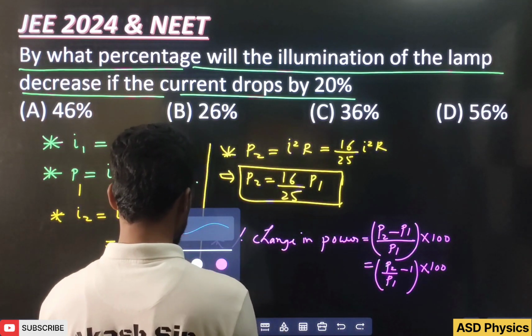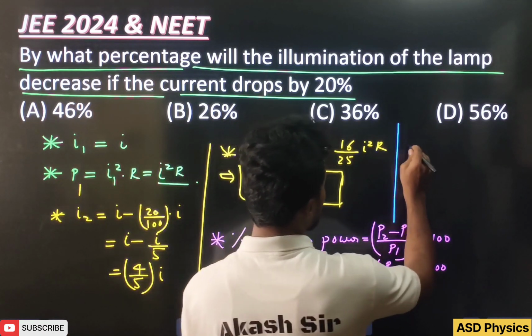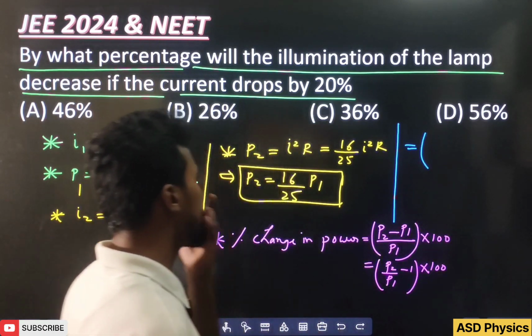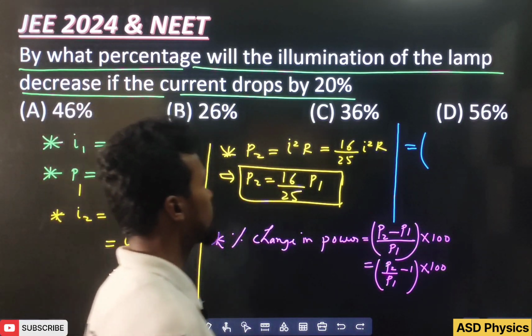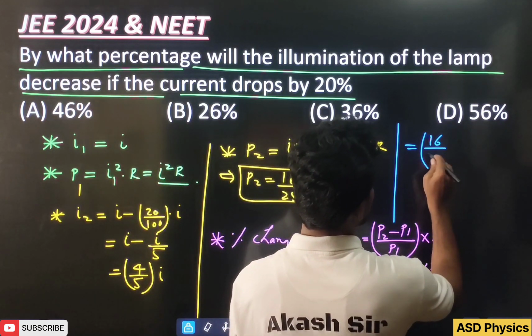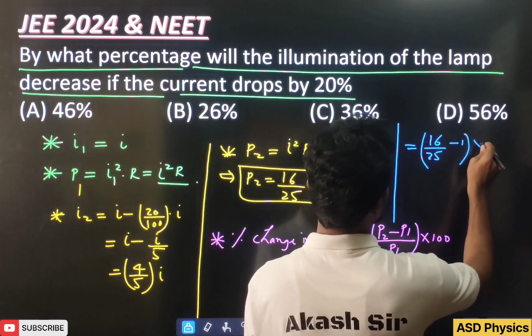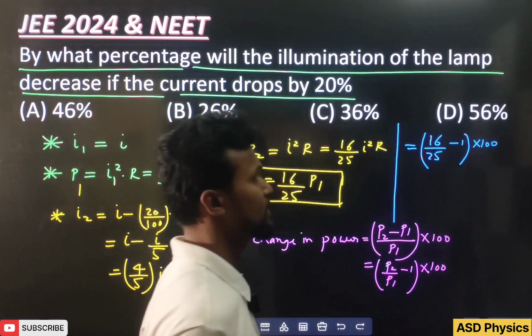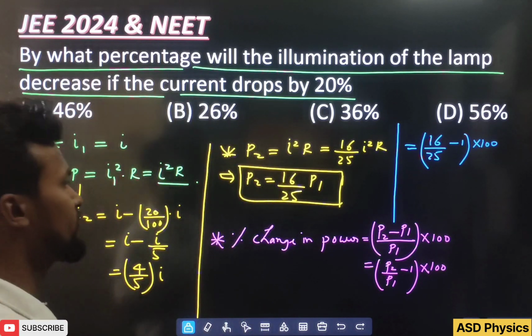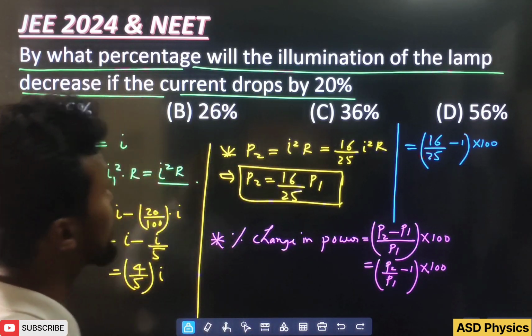P2 by P1 is 16 by 25, so 16 by 25 minus 1 into 100.